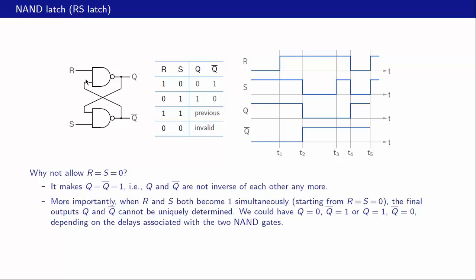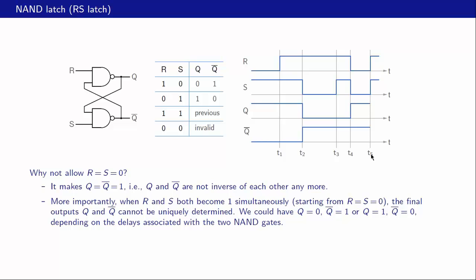Now when R becomes equal to 0, the output of this NAND gate becomes 1, no matter what the other input is. And similarly, the output of this NAND gate also becomes equal to 1 if S becomes equal to 0. So then we have Q equal to 1 and Q bar equal to 1. And that is what is shown over here. Q is equal to 1, Q bar is equal to 1. And that situation continues up to T5.